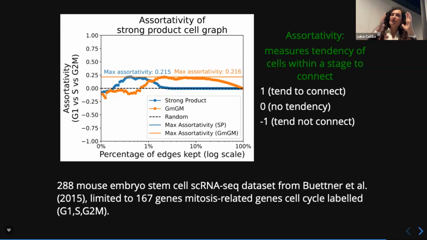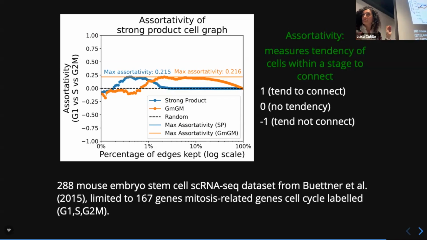So we have the precision matrix that expresses the cell dependencies, and then the two precision matrices that look at the gene dependencies. Now, because we have the labels of the cells, for validation we use the graph along the cells, and as a measure we use the assortativity. The assortativity measures the tendency of cells within the same stage to connect.